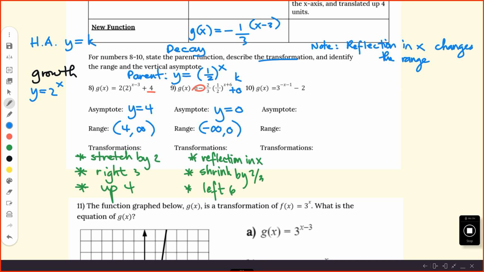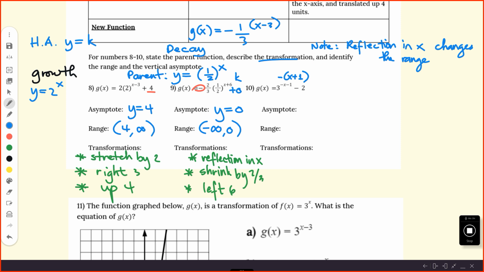I'm just going to show you number 10, because in number 10 we have a negative in your exponent. If you have a negative in your exponent, I can write this as negative of x plus 1. Does that make sense? Why? Because, again, this is negative x minus 1. If you have a reflection in the y-axis, we put the negative in your exponent.